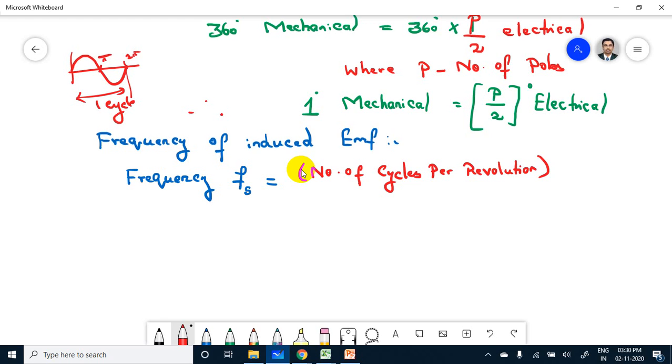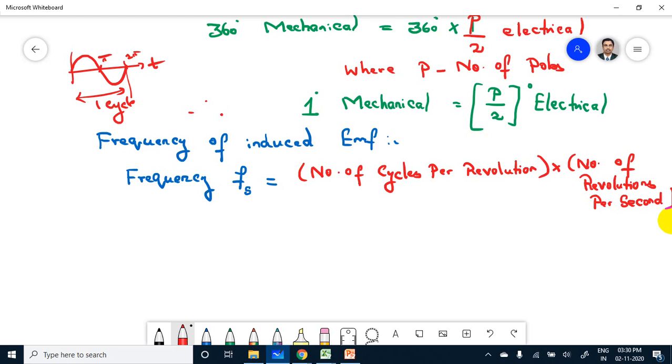So the number of cycles per revolution into the number of revolutions per second, because for every second the cycle value will vary with respect to the time t.